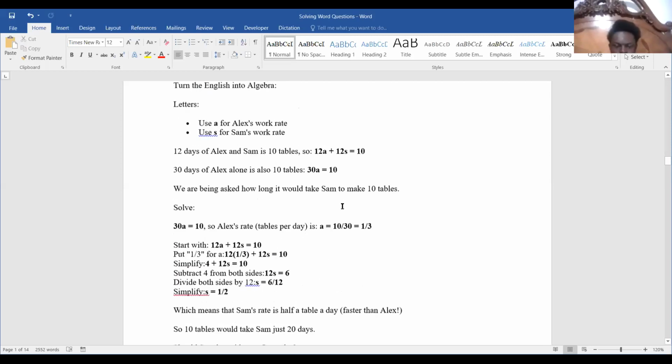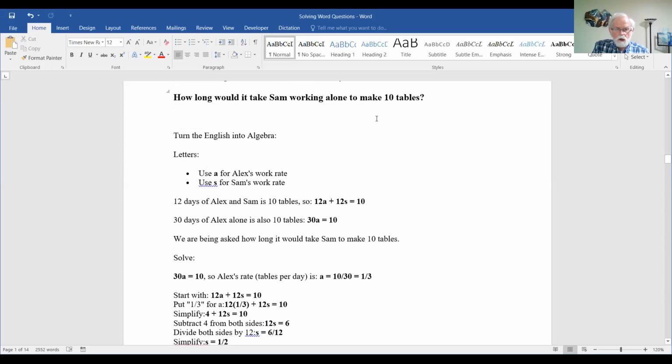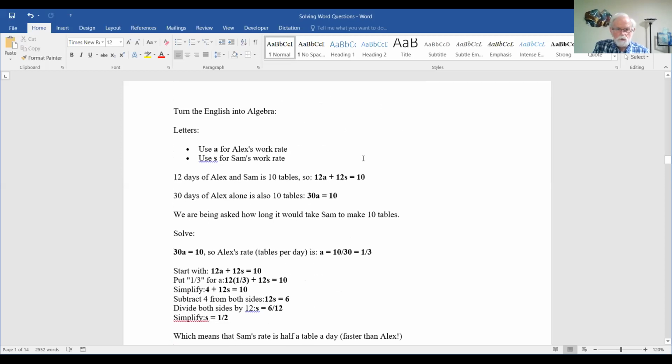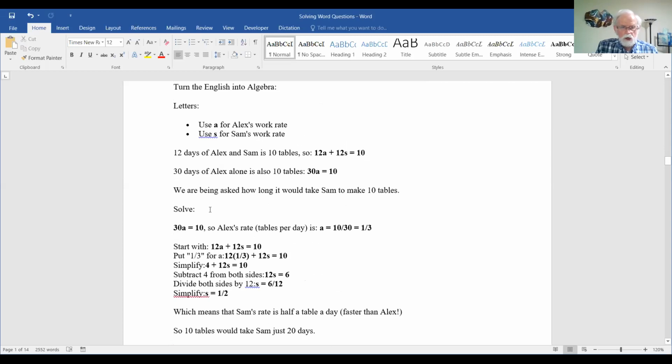So we were asked to figure how long it would take Sam to make 10 tables. We know that Sam's work is going to be X number of days times half a table per day.